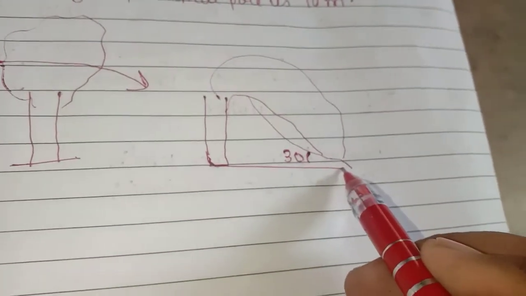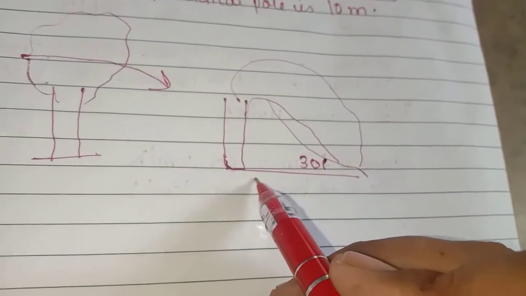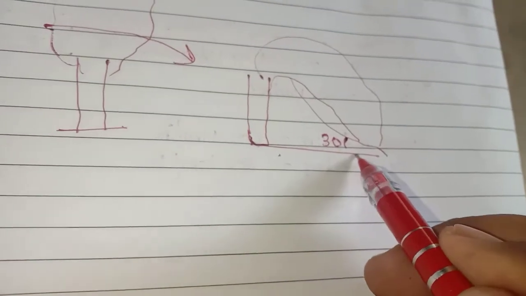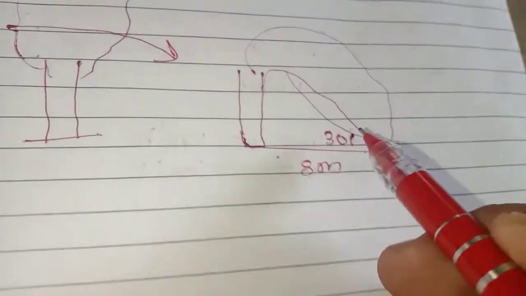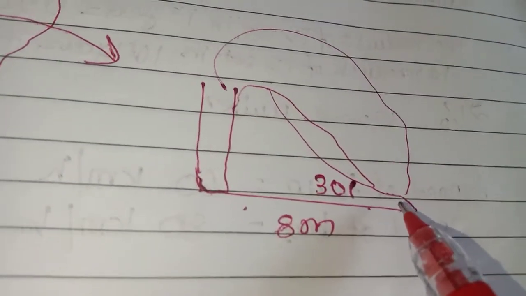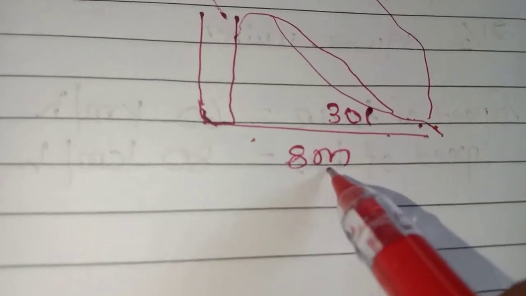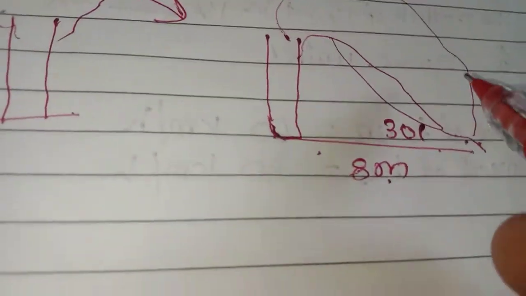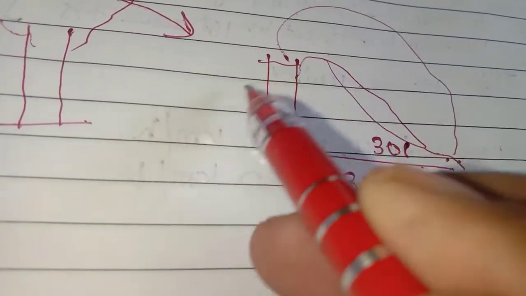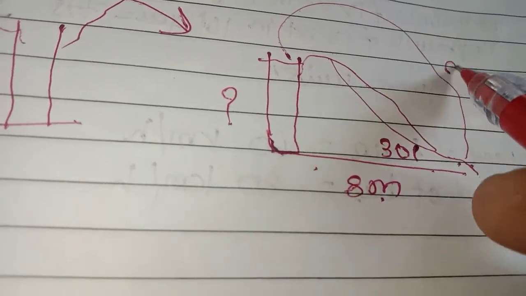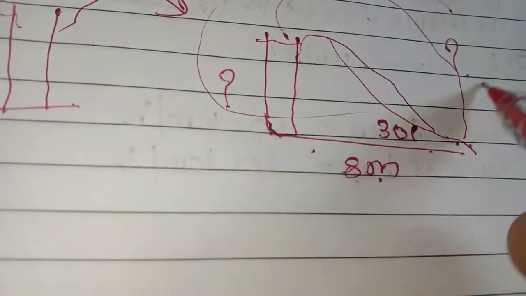The distance between the foot of the tree and the point where the top touches is 8 meter. We have to find the height of the tree. Height of the tree means this is the unbroken part and this is the broken part. We have to find both broken and unbroken part.